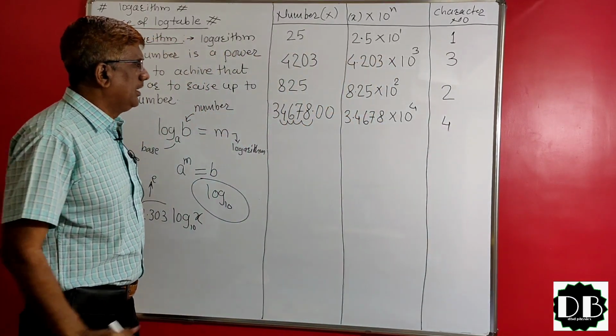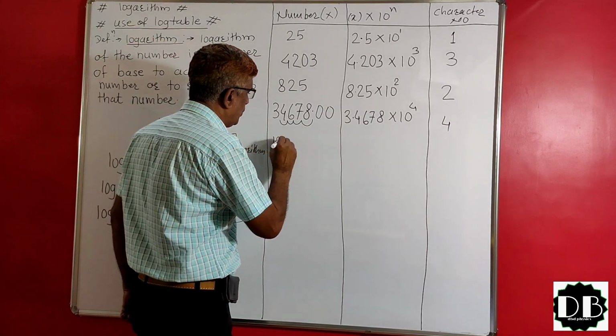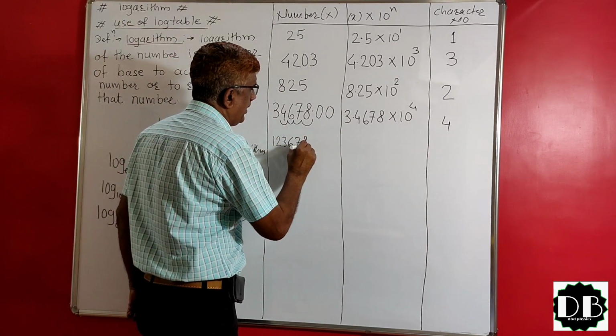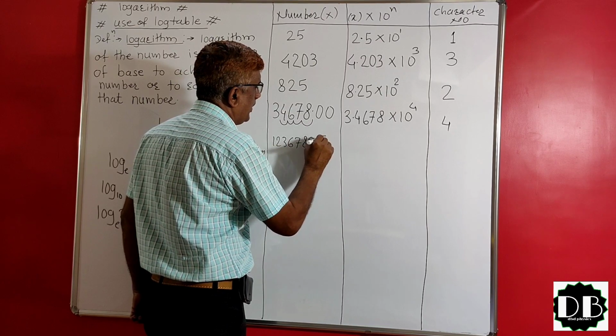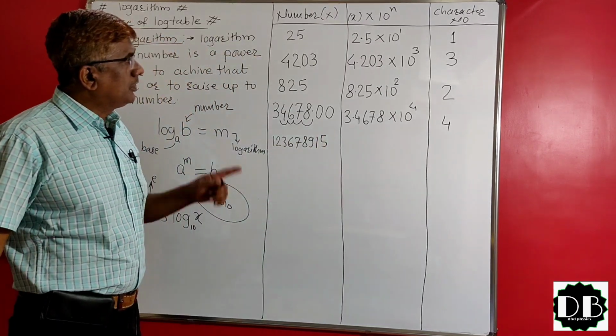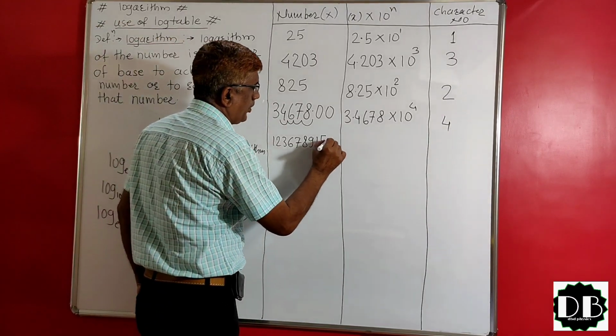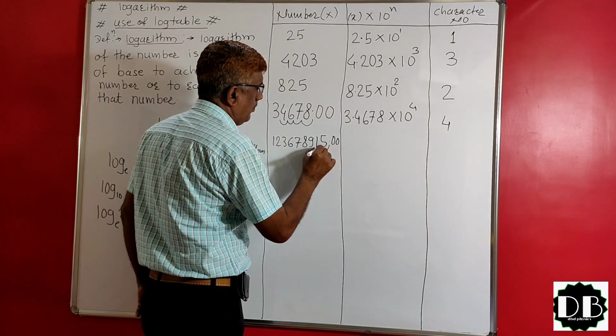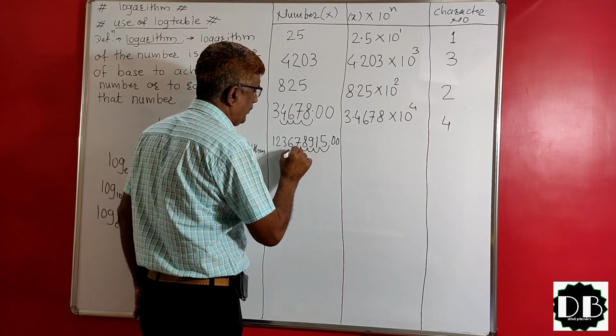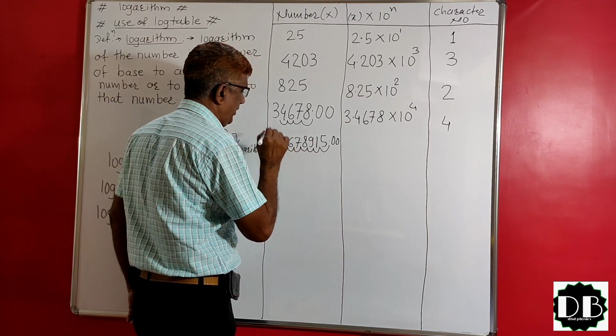In a similar manner, we have a number 1, 2, 3, 6, 7, 8, 9, 1, 5. First of all, we must bring out the characteristic number. The decimal point is right here. 1, 2, 3, 4, 5, 6, 7, 8.